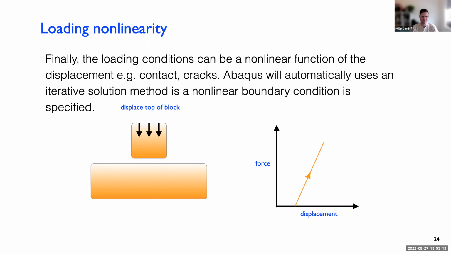If you're pulling this beam apart and then suddenly it cracks at some point, it's nonlinear. So just be aware of that, and it will make the models slower to converge and longer to solve, and maybe it'll have problems solving them. So it's always good if you can do an approximate linear approach first, just to get some answer before you see if it's necessary to add extra complexity.